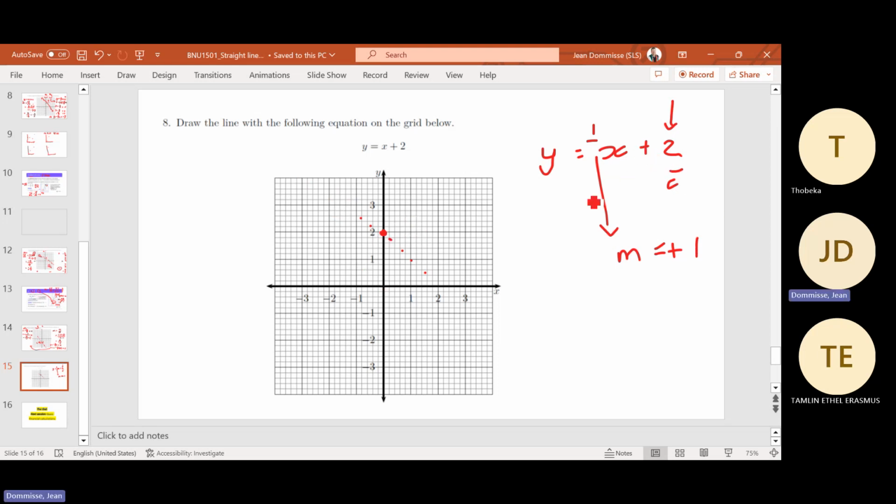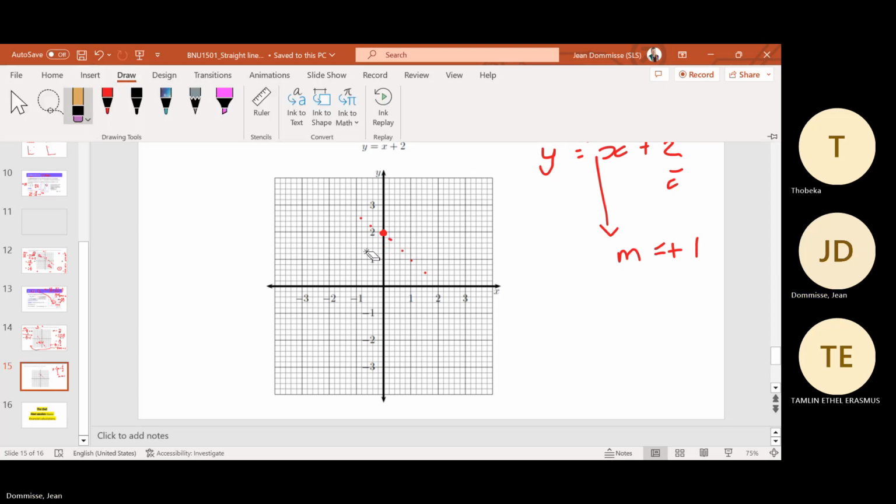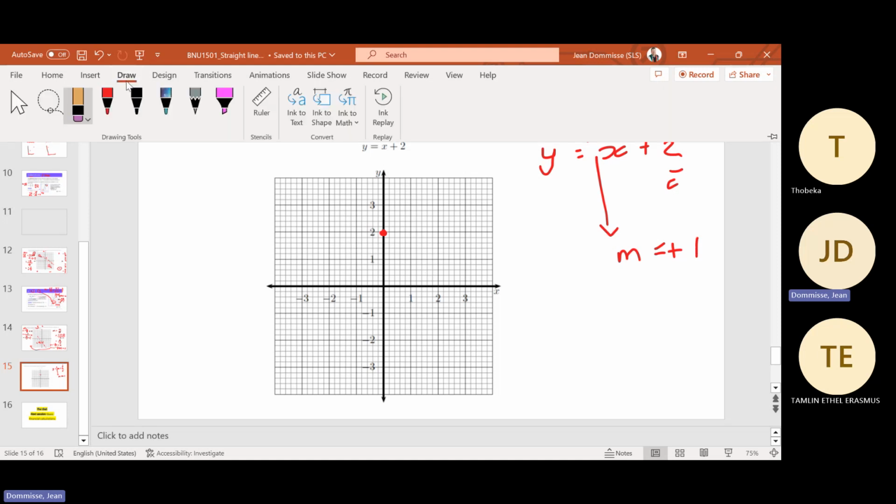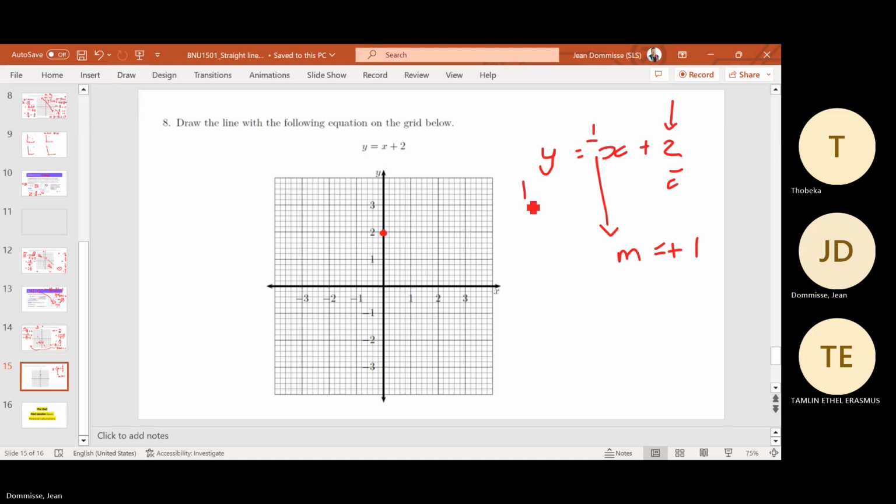Okay, so now I need to, so that was wrong. So I just, in the previous one, explained that is positive and that is positive. So a line that you will draw through this will look something like that.